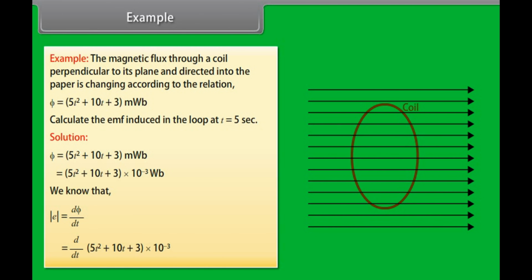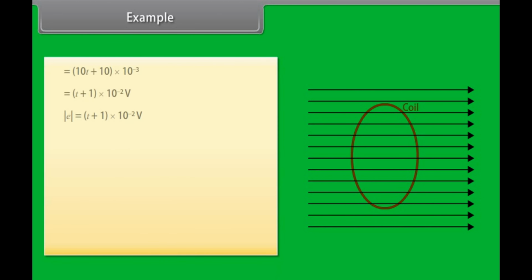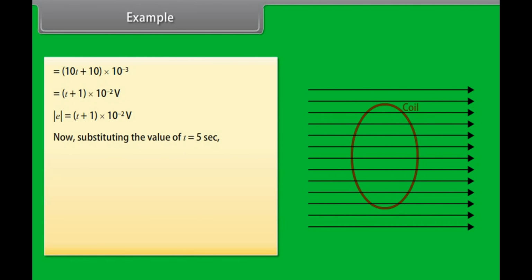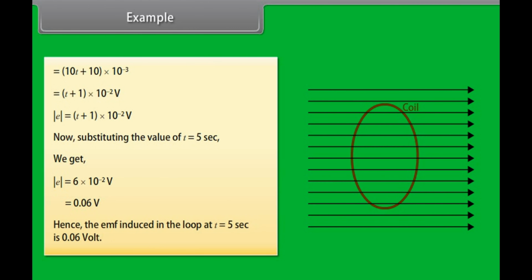By putting the values in this equation, we get E = (t + 1) × 10⁻² volt. Now, substituting the value of t as 5 seconds, we get E as 0.06 volt. Hence, the EMF induced in the loop at t = 5 seconds is 0.06 volt.